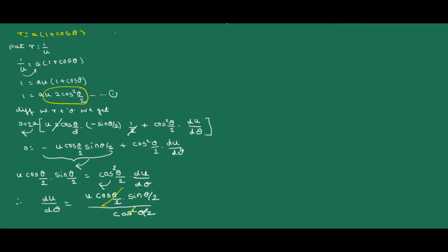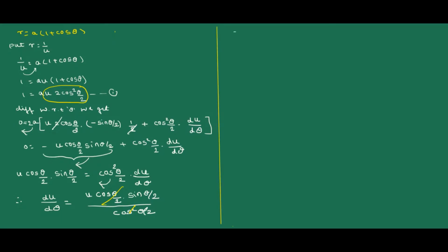So we are left with du by d theta is equal to u sin theta by 2 divided by cos theta by 2, and that is du divided by d theta is equal to u into tan theta by 2. You have to differentiate again with respect to theta.